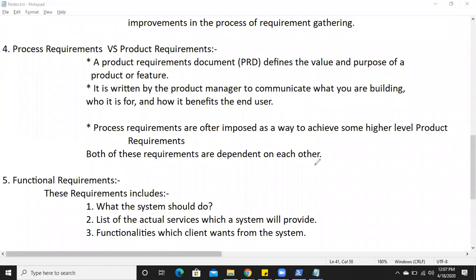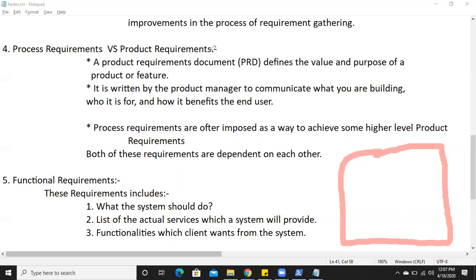If I take the example of product requirement and process requirement, you can consider this box as the whole product, and the very little things inside this box will act as processes.